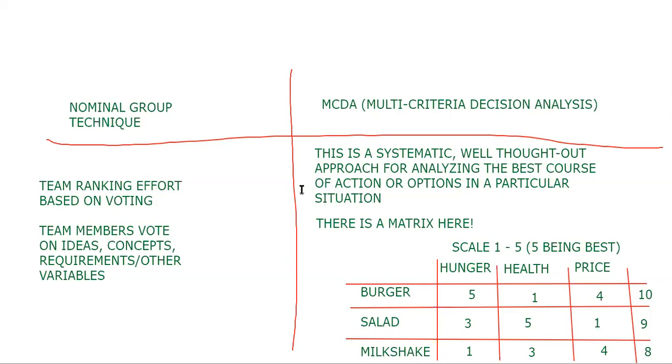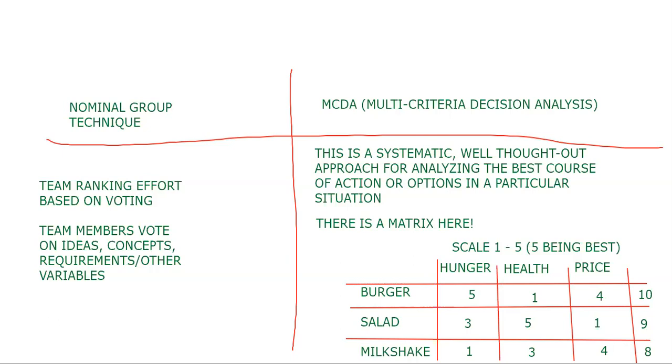And that is the difference between the nominal group technique and the MCDA. Nominal group technique will vote, and it could be a fist to five. It could be everyone who thinks it's a great idea on a scale of 1 to 5, 5 being the best, vote. And if everyone votes a 1, that idea is likely not to make it.